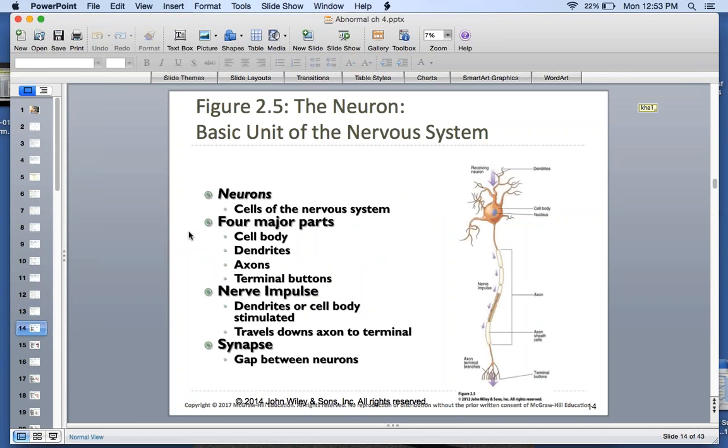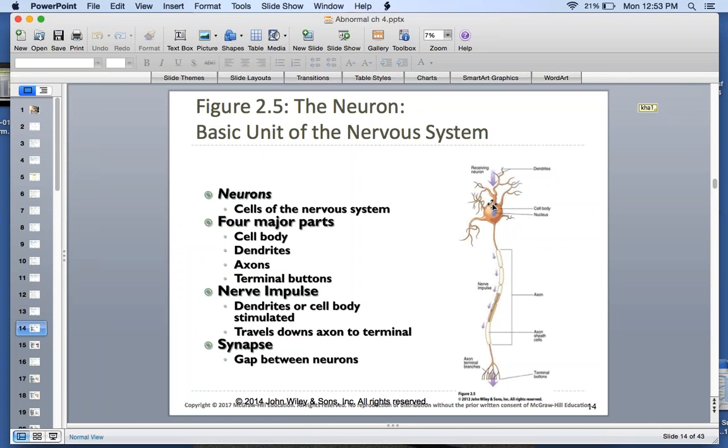So here is the neuron. I really do want you to know some things here. We have some major parts of the neuron that I do want you to recognize. Within the neuron, and these are little cells that are in your brain, we have the cell body here. Look, our little nucleus, you should recognize those things, right? So cell body, we have these long things that come out.